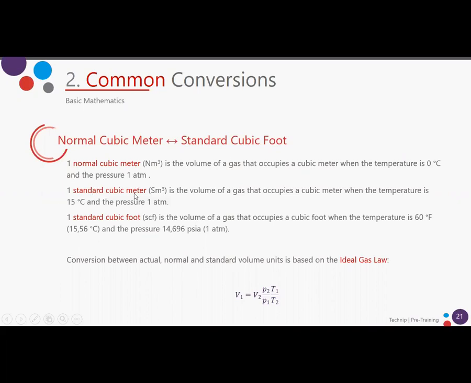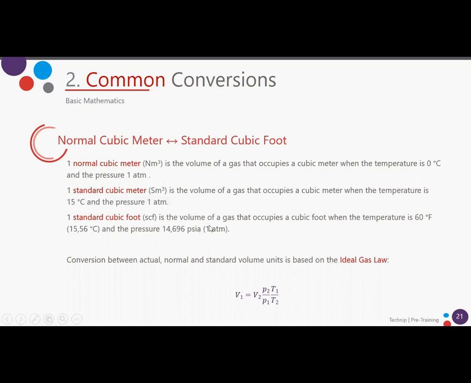1 standard cubic meter, also expressed as S cubic meters, is the volume of gas that occupies a cubic meter when the temperature is 15 degrees and the pressure is 1 atmosphere. 1 standard cubic foot, short form SCF, is the volume of a gas that occupies a cubic foot when the temperature is 60 degrees Fahrenheit, which in Celsius is 15.56, and the pressure is 14.696 psi absolute, which is equal also to 1 atmosphere.